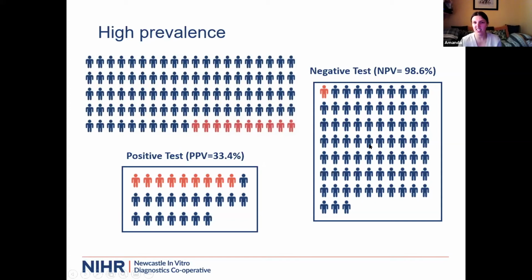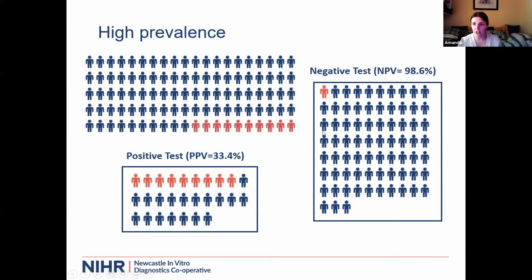So you can see that this test on a high prevalence population does a reasonable job of differentiating. We've got most of the people, although we've generated some false positives. We've told most people that they don't have the disease, but the test has missed one person. That is reasonable. So that's how it performs in a high prevalence situation.